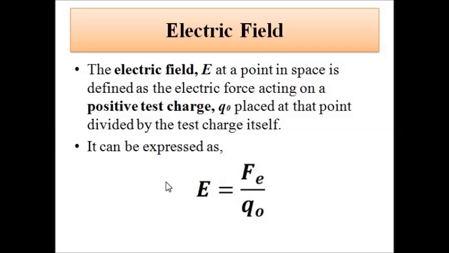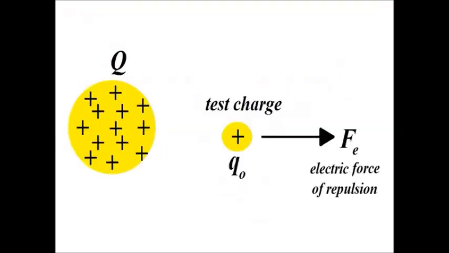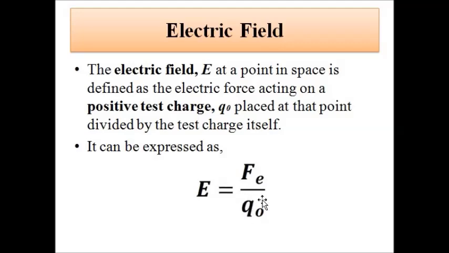Here this electric field intensity is the electric field of this large positive charge capital Q. The intensity is given by the repulsive force exerted by this large positive charge on the small positive test charge, divided by the test charge Q0 itself. Fe by Q0.